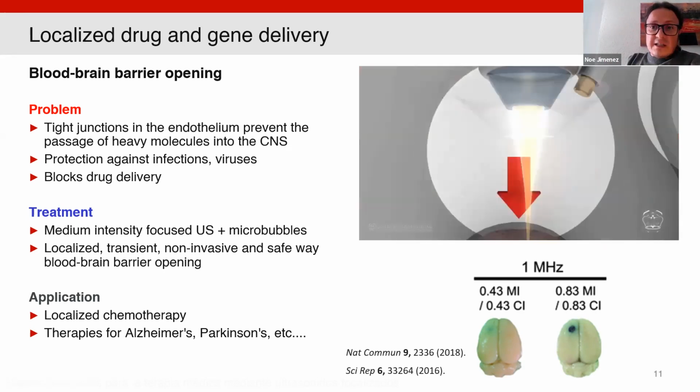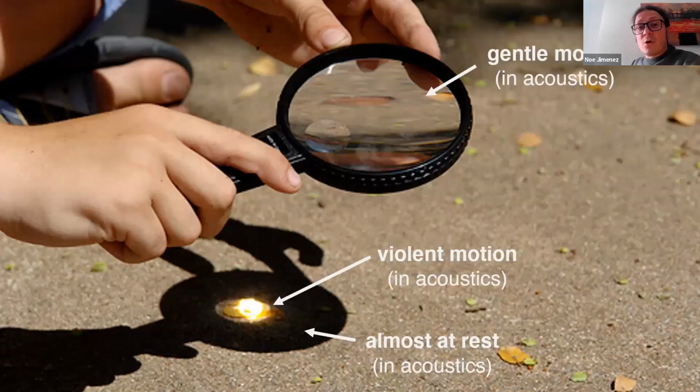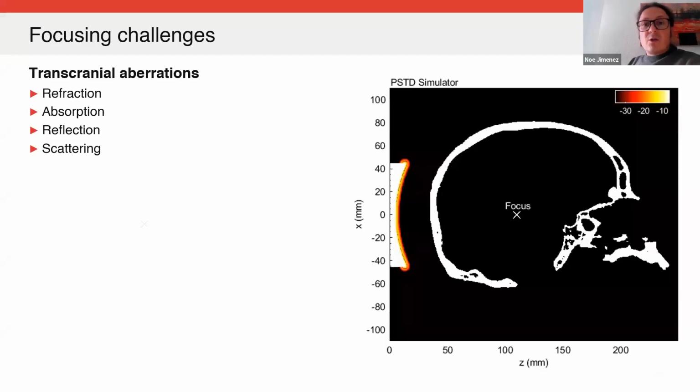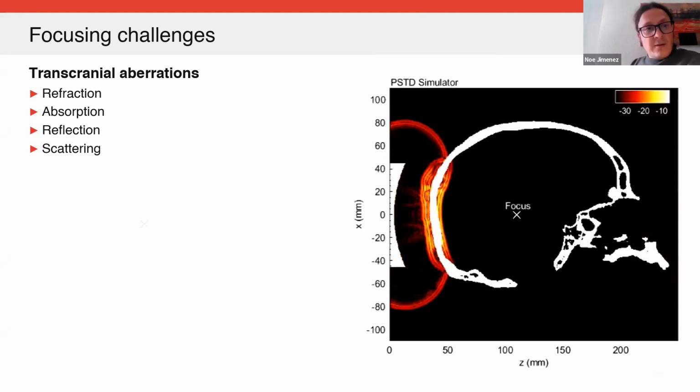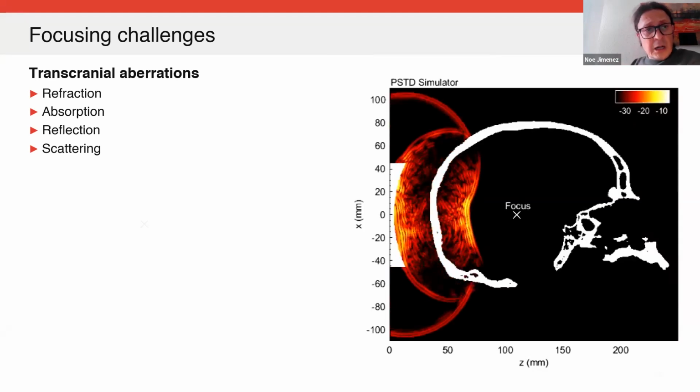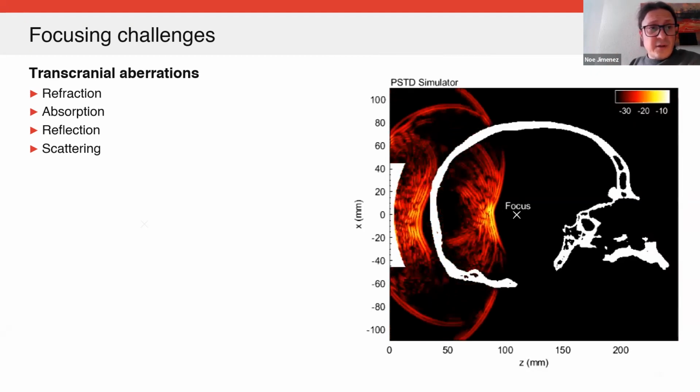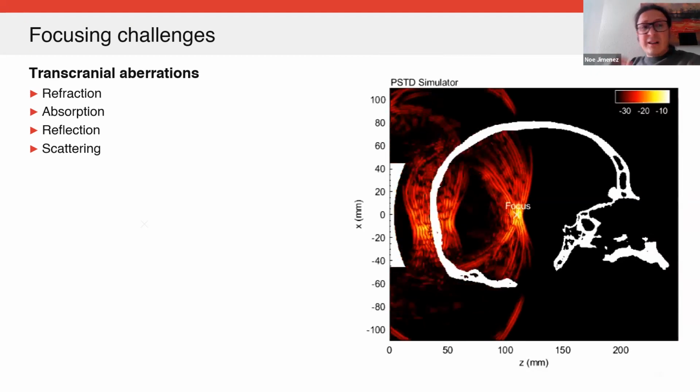But all these techniques are based on focusing. You need to focus energy into some specific part of the brain, and we have a challenge. We have a challenge because to focus a mechanical wave into the brain, you need to go through the skull. The skull is a very stiff and refracting medium.